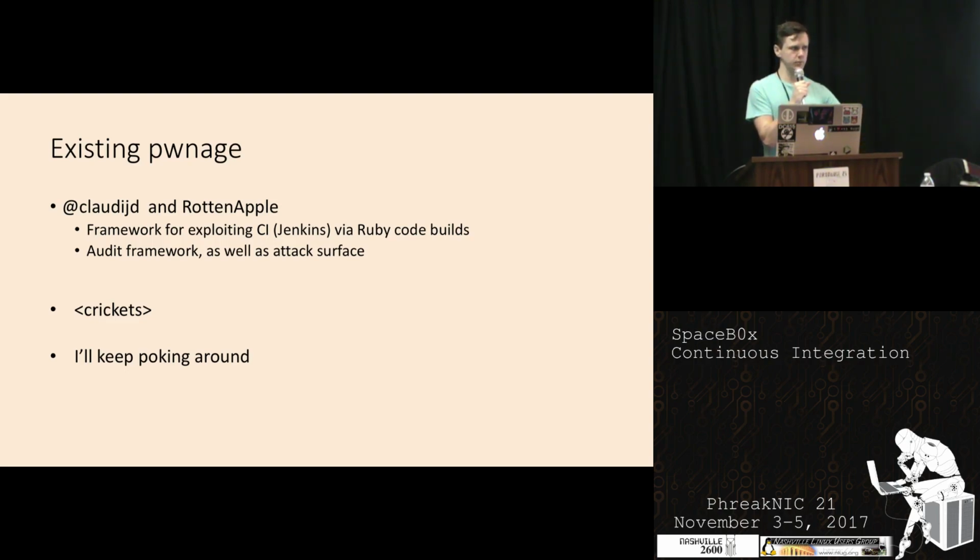His was more auditing, and it audited Jenkins to look for things during the build and tell you, hey, this is potentially insecure. It was really cool, and I liked that framework a lot. I wanted to do a little bit more with it, so I kept poking around with it. But other than his tool and a few white papers that I found that were not very specific, I didn't find a lot of people doing this, so that's kind of what motivated my morbid curiosity.